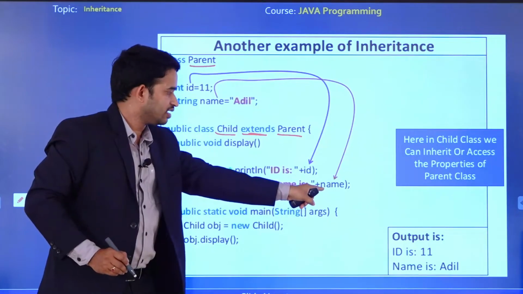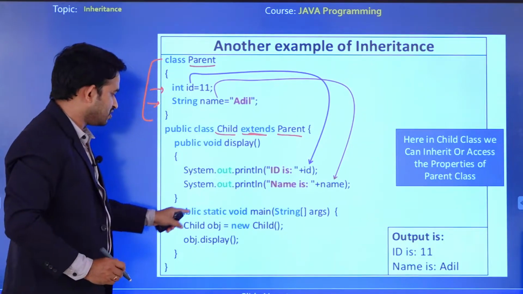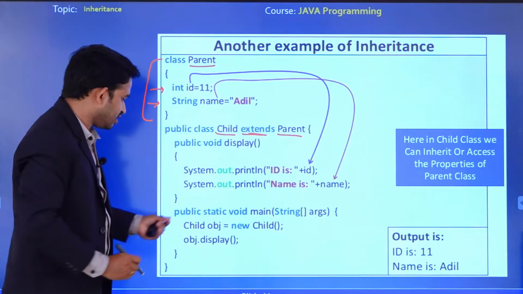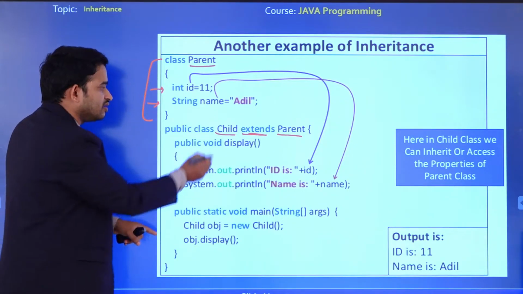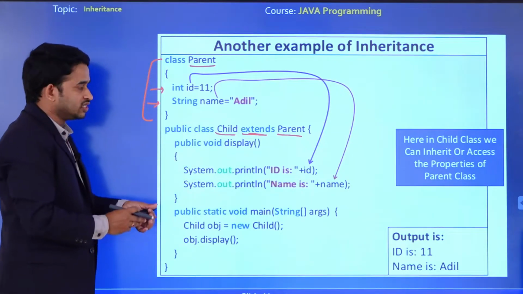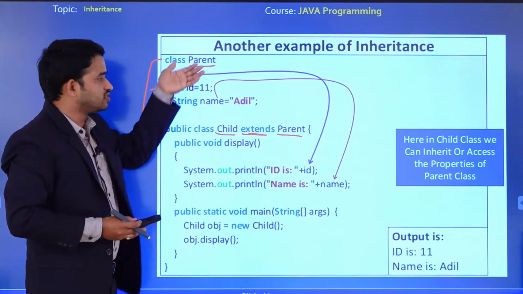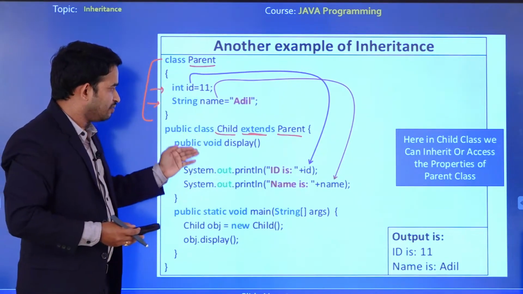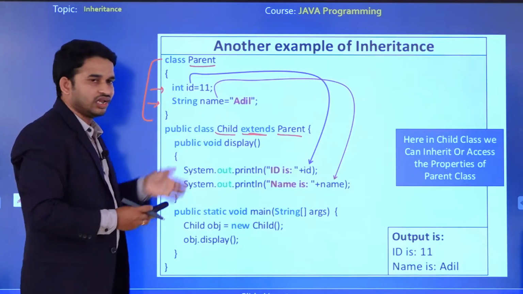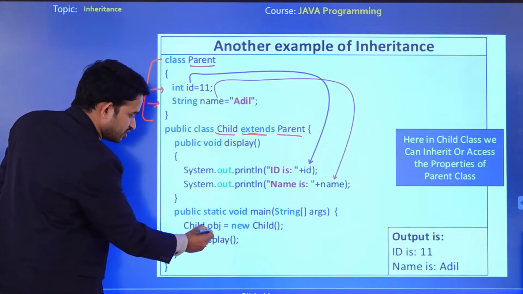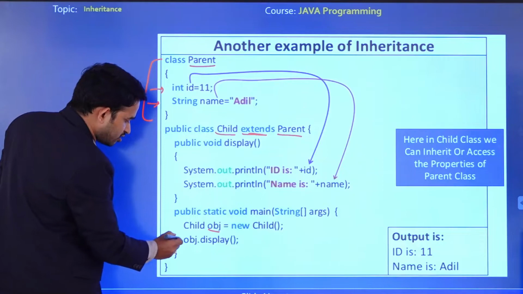Adil is displayed. Next, public static void main string args. Here we are creating an object for the child class. What is the reason? Now the child class contains the properties of the child class and also the properties of the parent class. So here I am going to create an object for the child class. The object is obj. So obj.display calls which method?